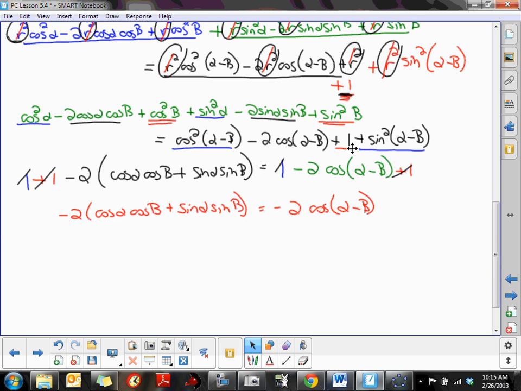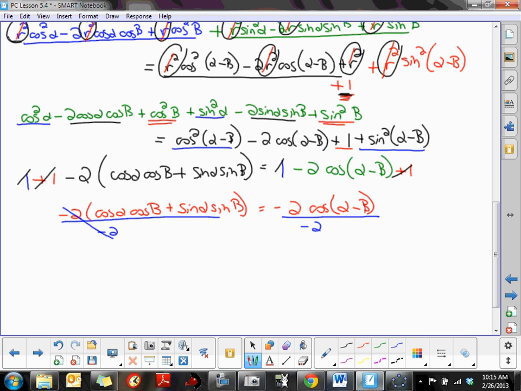Okay, so looking at that, it looks like we could divide both sides by a negative 2. So if we divide both sides by a negative 2, then we have our negative 2's reducing, so we have the cosine of alpha times the cosine of beta plus the sine of alpha sine of beta equals the cosine of alpha minus beta.